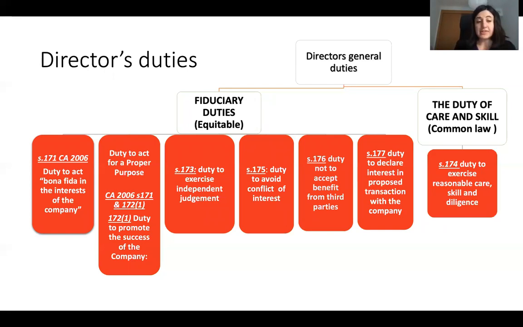Directors have a duty to act bona fide in the interest of the company, a duty to act for a proper purpose, promote the success of the company, exercise independent judgment, avoid conflict of interest, and not accept benefits from third parties. In other words, if you're a director, you cannot accept bribes. Also a duty to declare interest in a proposed transaction with the company, and a duty to exercise reasonable care, skill, and diligence.